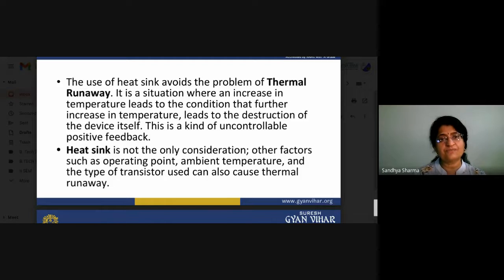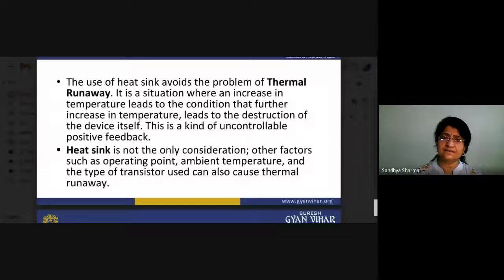For this we have to provide the heat sink, and the heat sink depends on many parameters. First of all, you have to consider what type of device you are working with, and provide a proper heat sink so that the energy dissipated in the form of heat is controlled. If you do not control that part, your collector current will increase, and in return your temperature will again increase.